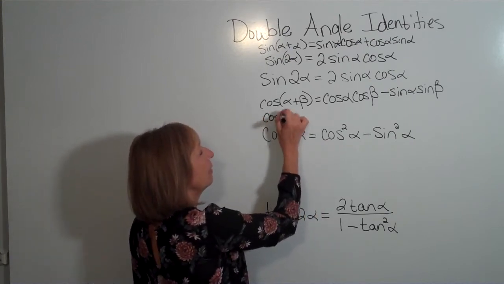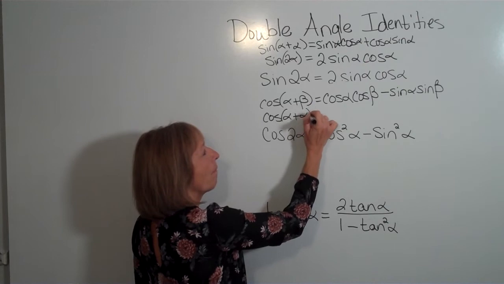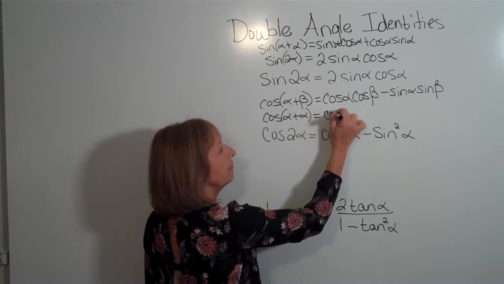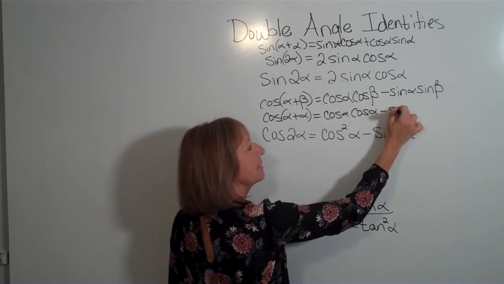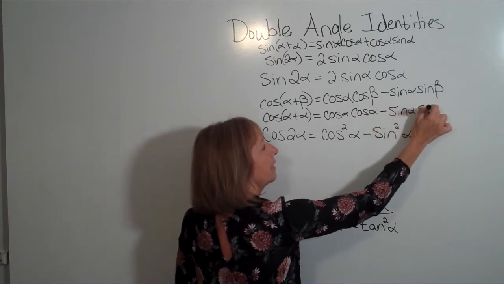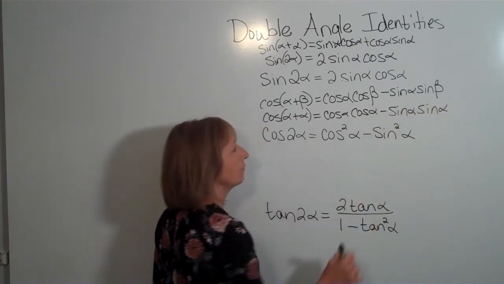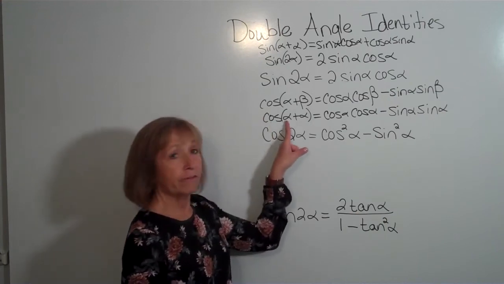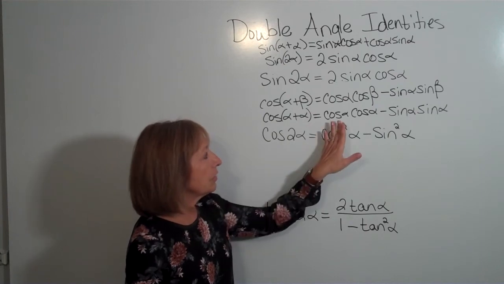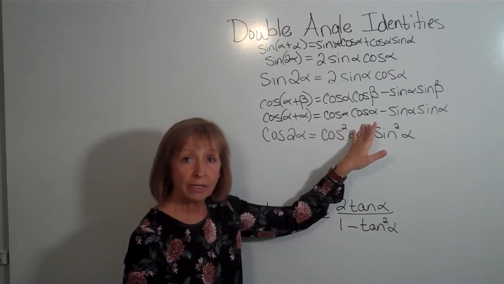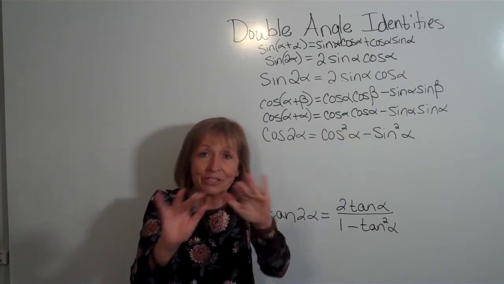So this is the cosine of alpha plus alpha is the cosine of alpha cosine alpha minus sine alpha sine alpha. Well, the cosine of alpha plus alpha is 2 alpha in the parentheses, and it equals cosine alpha times cosine alpha. That's cosine alpha squared.